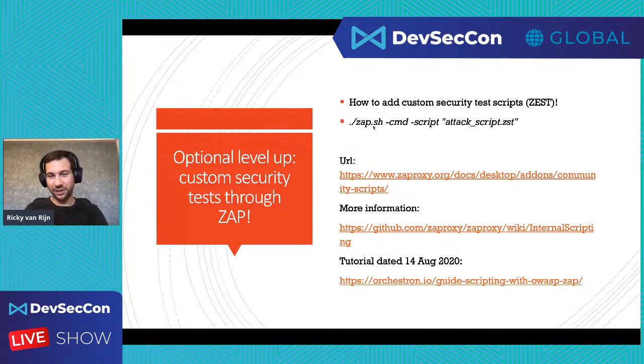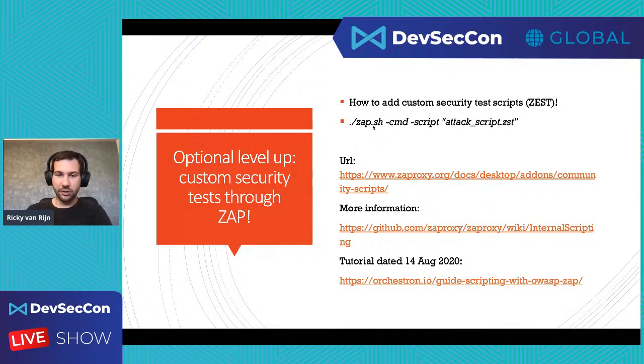Also, github.com/ZAP Proxy is also the GitHub from OWASP ZAP. And I also added a URL for a guide of the Zest scripting with OWASP ZAP, which is dated from 14th of August 2020.